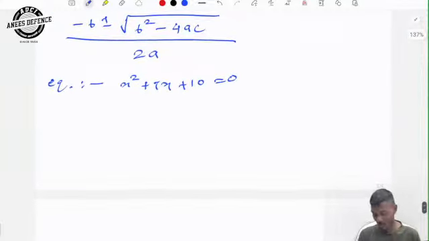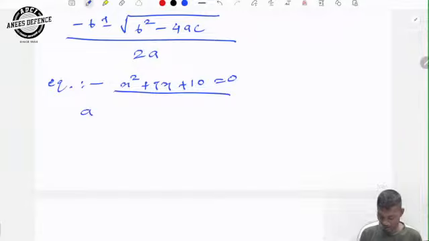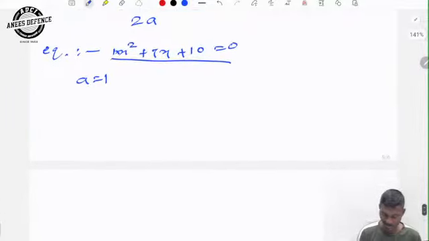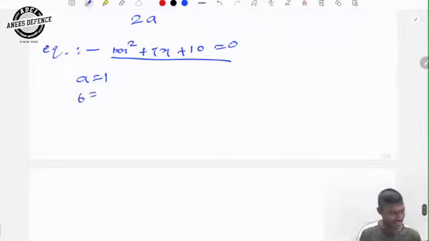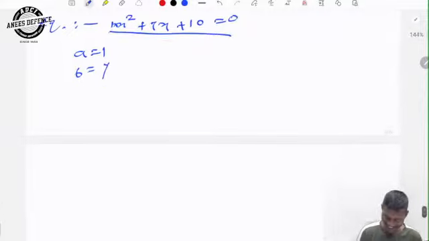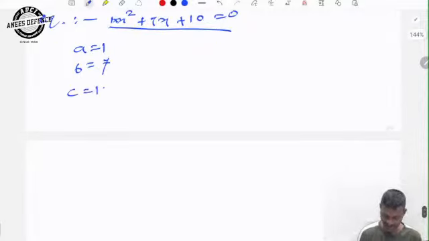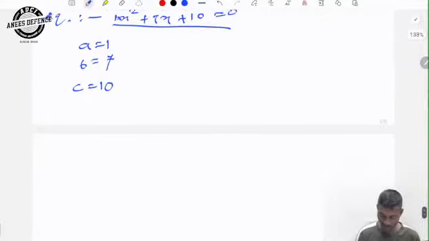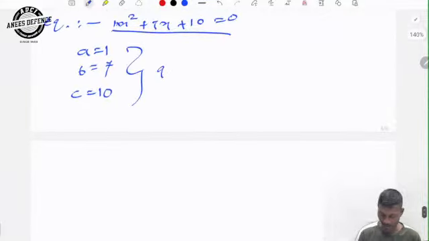From this equation, we can see a is equal to 1, which is the coefficient of x square. Then b is equal to 7, and the constant term is 10. So we will put these values in the quadratic formula.